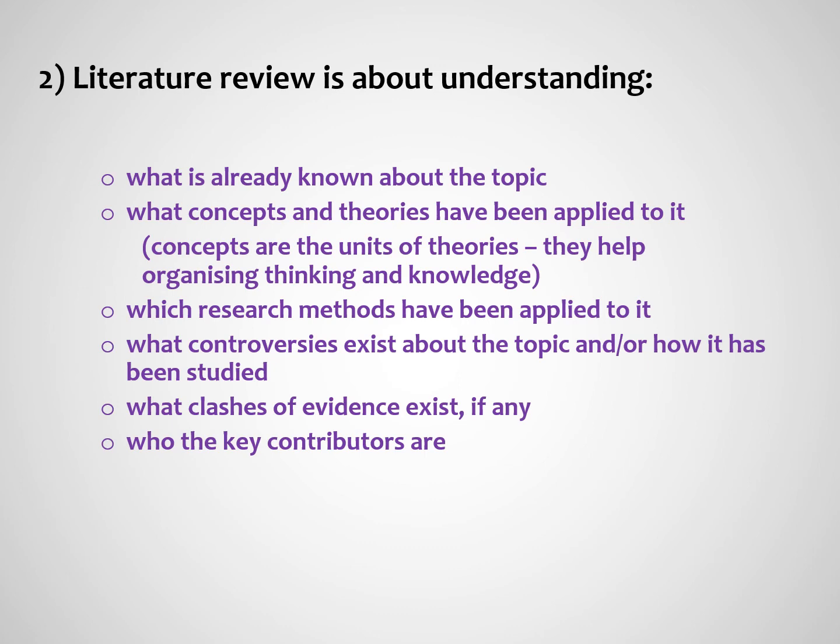Firstly, we need to understand what are the theories that exist around the social problem that we are addressing, how these theories have been used to explain the topic, what are the concepts that build up these theories, and how they help organizing our understanding of the issue.